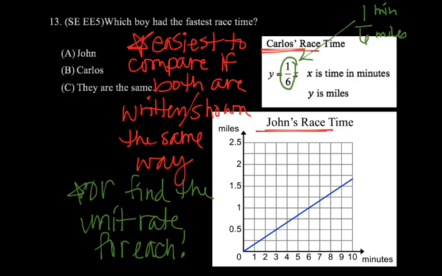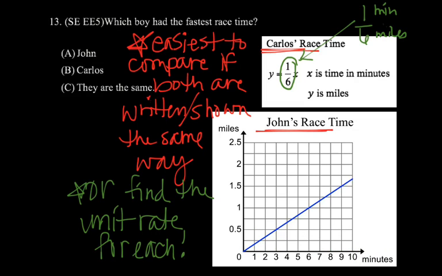Now over here, at 1 minute, I can't tell how many miles. So that's a little bit of a problem. 1/6, I can't even visualize what 1/6 is decimal-wise to know which would be greater. So if the unit rate is a decimal or a fraction, it's a little bit trickier, okay?